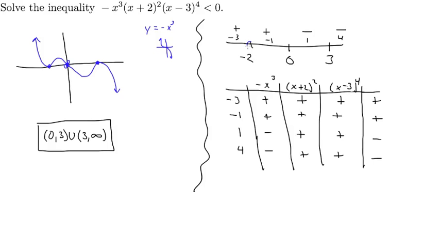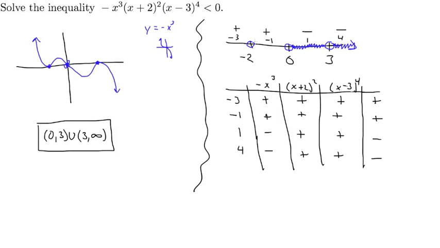I'll go ahead and put an open circle around each of my zeros just to remind me that I don't actually want to include them. What I do want to include is where it is less than 0. So I'm going to shade this region because it's negative there, and I'm going to shade this region because it's negative. So that tells me my final answer is, let's see here, I'm not going to include -2.